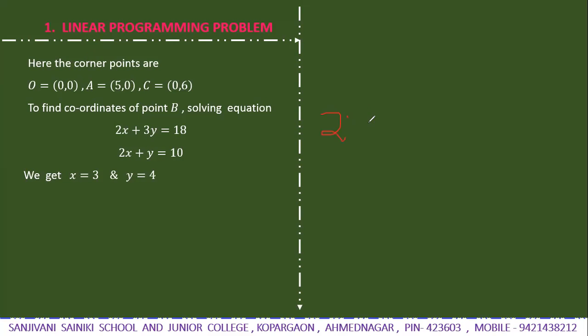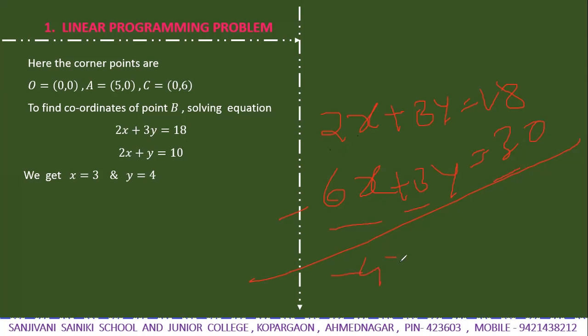The first equation is 2x plus 3y is equal to 18. So multiply the second equation by 3: 6x plus 3y is equal to 30. Take their subtraction. So 2x minus 6x is minus 4x. The 3y terms will cancel each other.